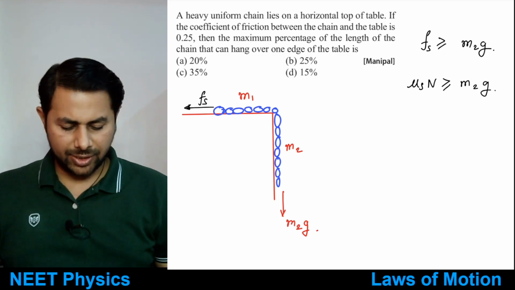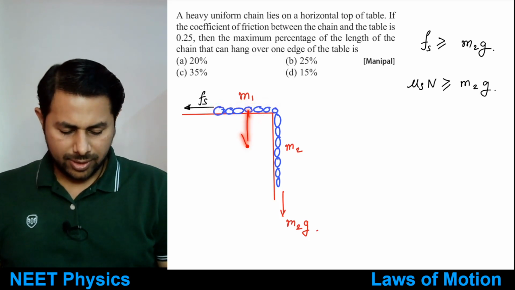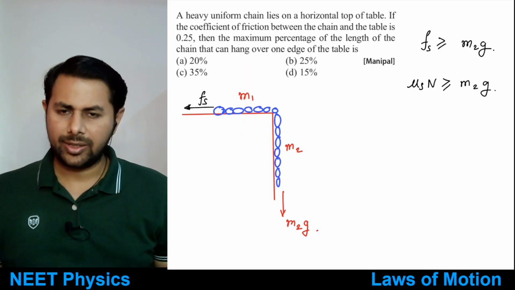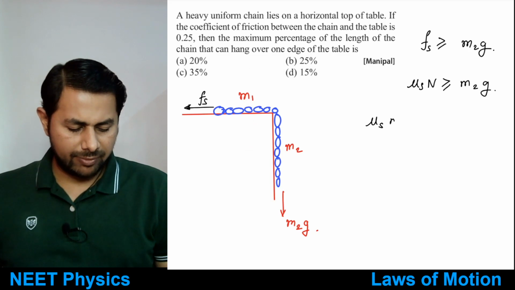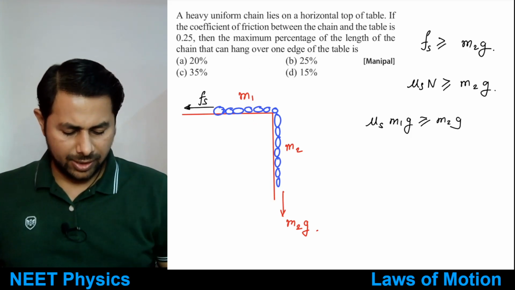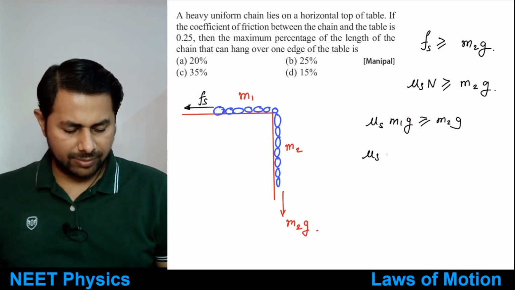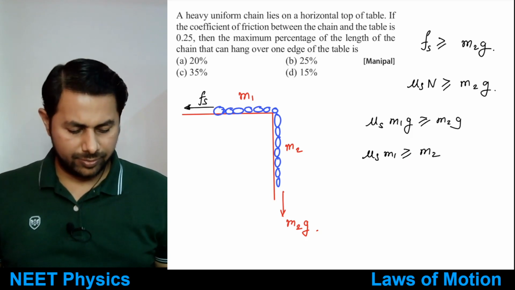What is the normal reaction? This mass is m1, its weight would be m1 times g. Therefore the normal reaction is just equal to m1 times g. So μs times m1 times g is greater than or equal to m2 times g. g cancels, so you have μs times m1 greater than or equal to m2.